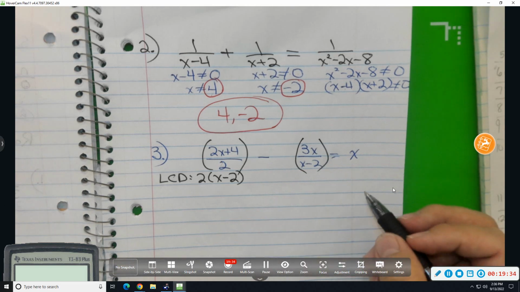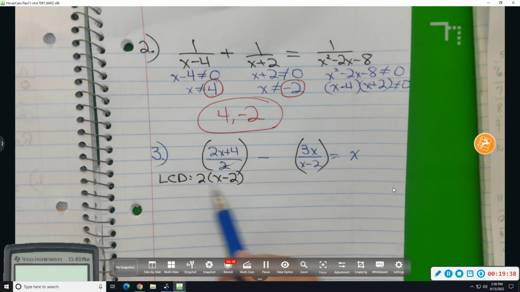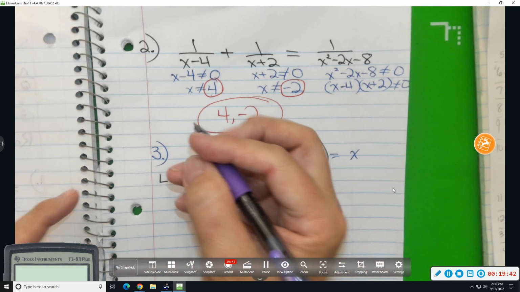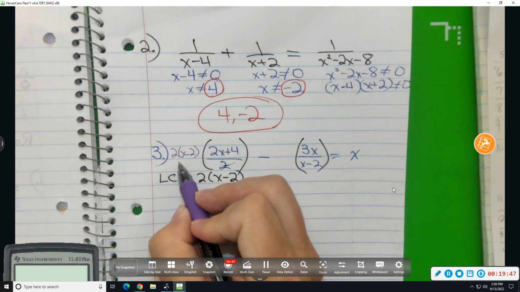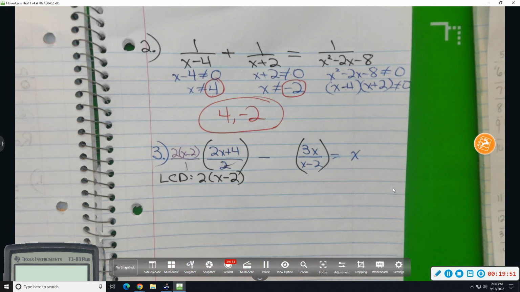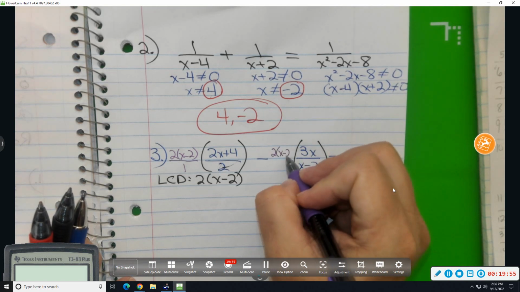Okay. We're going to multiply the first fraction by 2 times x minus 2. Hey, I don't see a denominator, so we assume that denominator is 1. Multiply the second fraction by 2 times x minus 2.